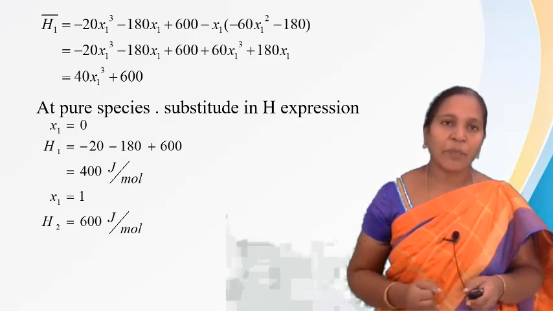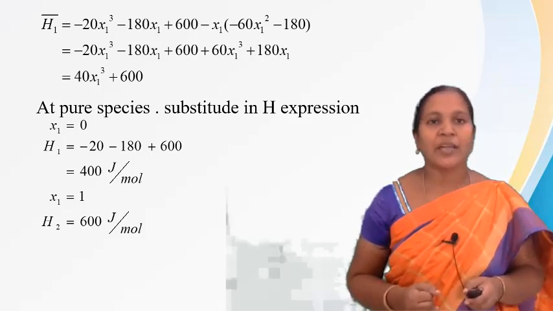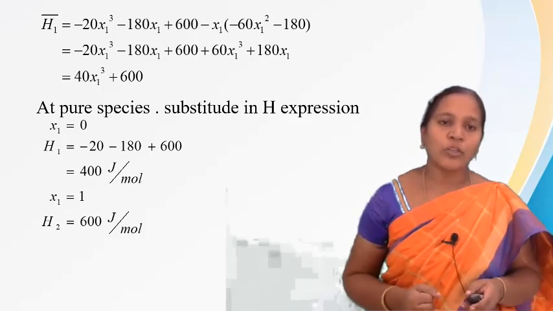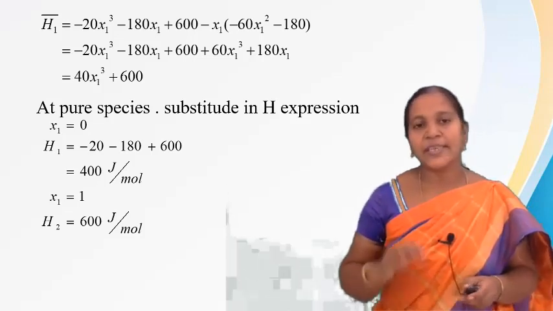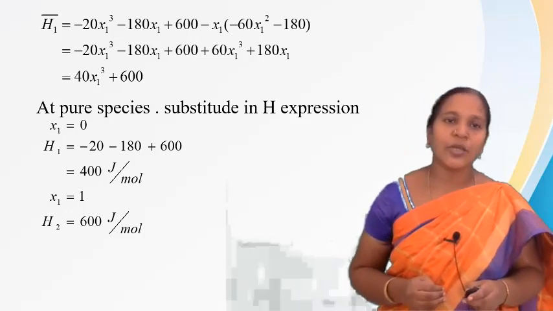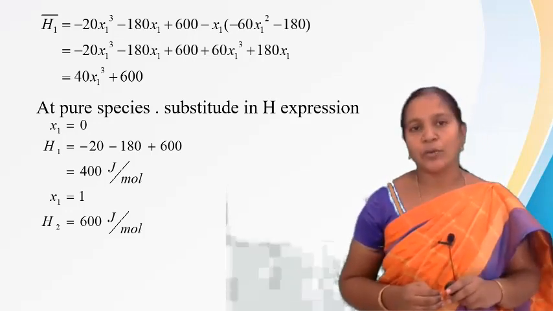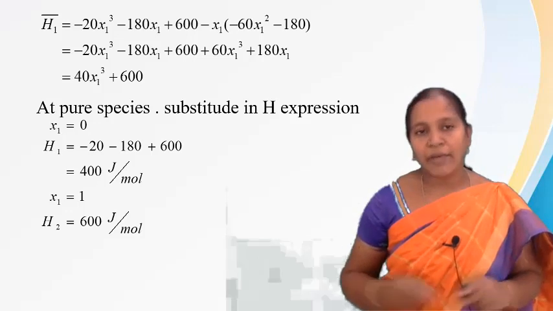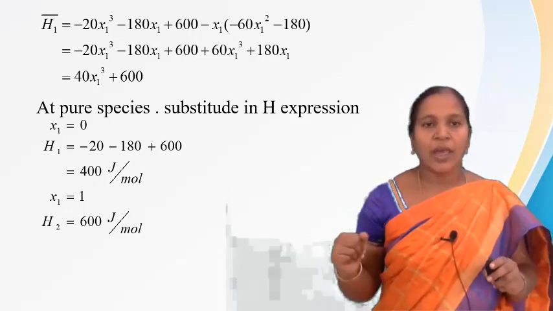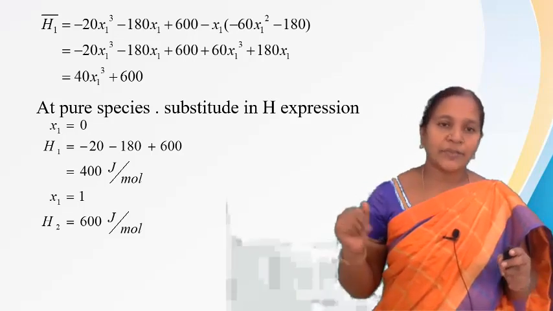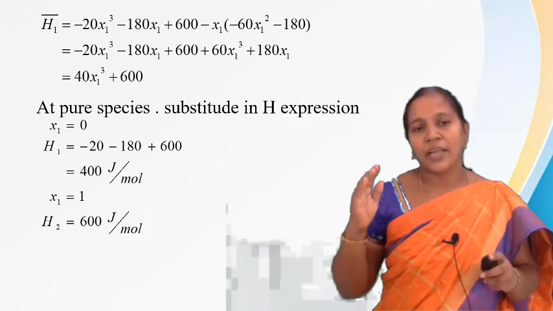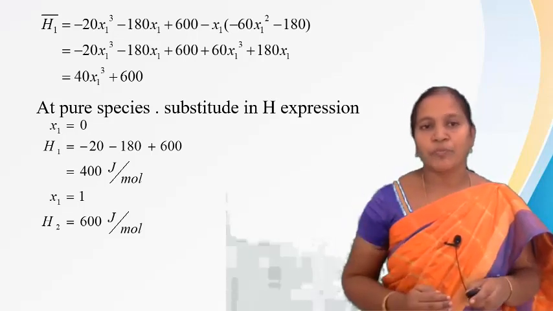Now second bit is calculation of pure species enthalpy. After calculating partial properties H1 bar and H2 bar, we have to calculate the pure species enthalpies. That means H1 and H2. Here we have to substitute x1 is equals to 0 for getting the value of pure species enthalpy of species 1 and x1 is equals to 1 for getting the value of pure species enthalpy of species 2.